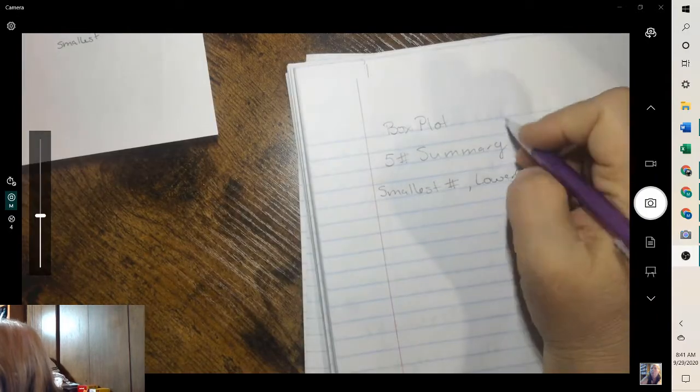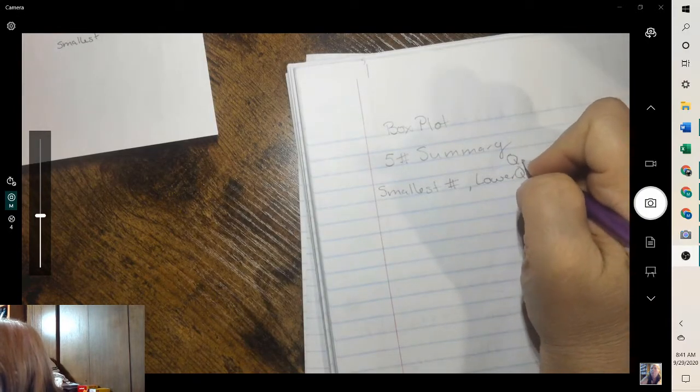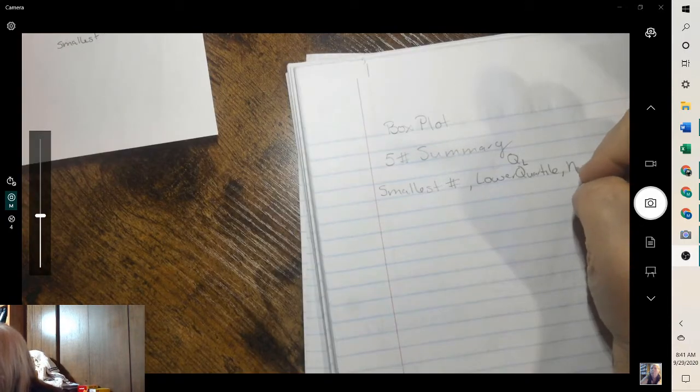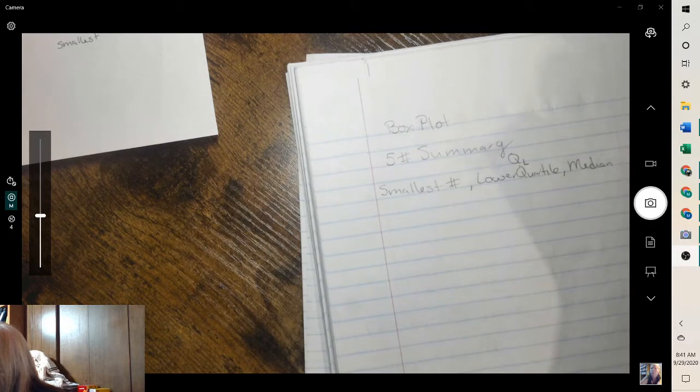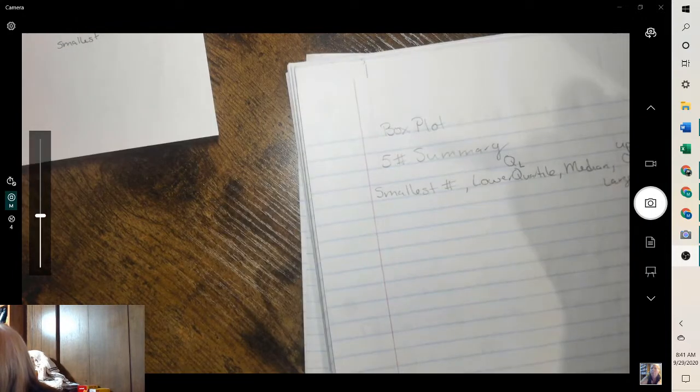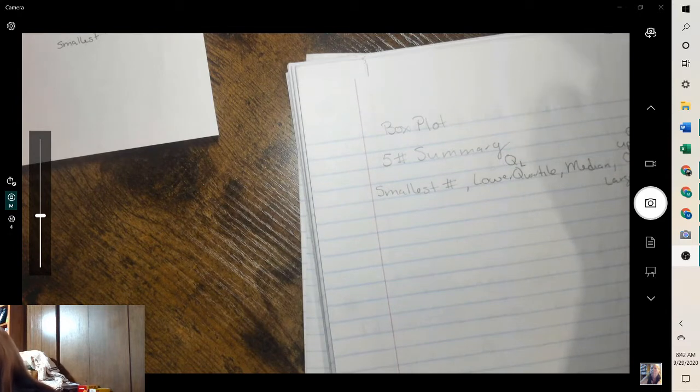They usually use a Q with an L, or you'll see Q1. Median. Upper quartile, you'll see Q with a lowercase or a subscript U, or Q3. And the largest number.